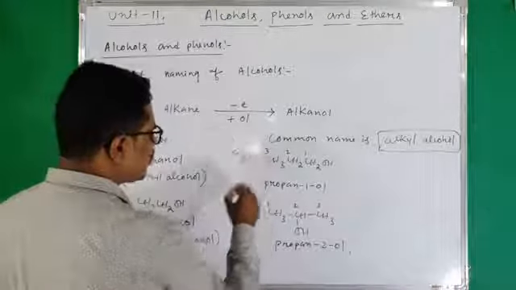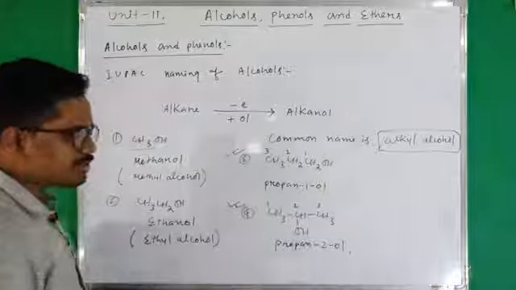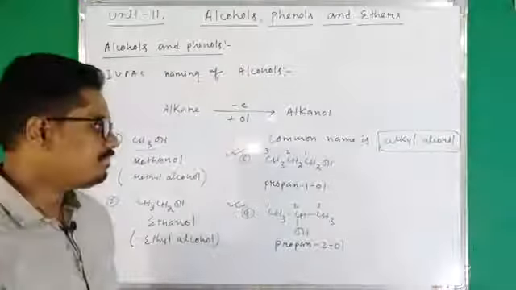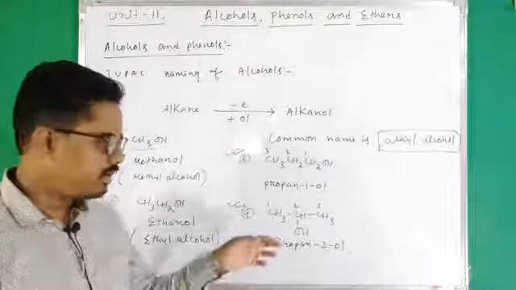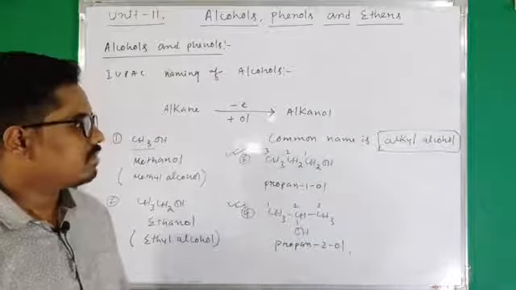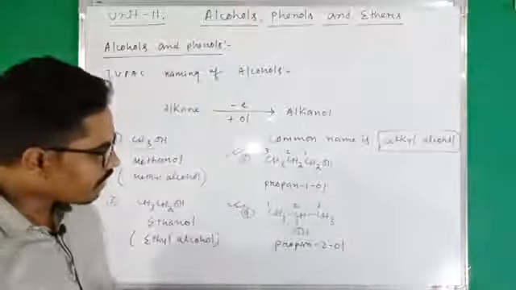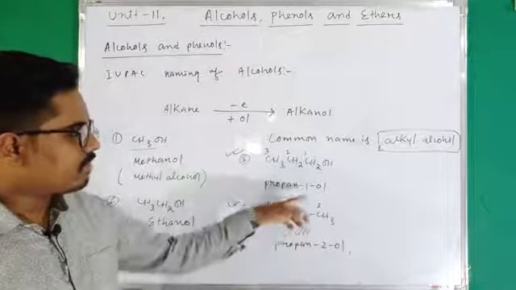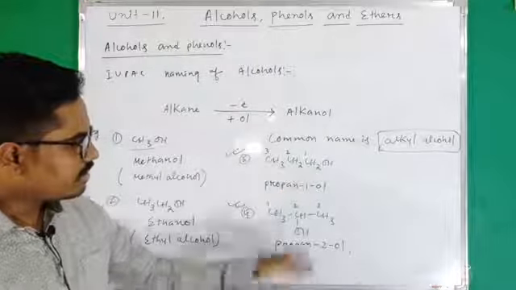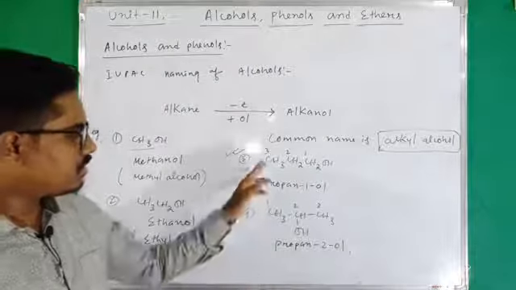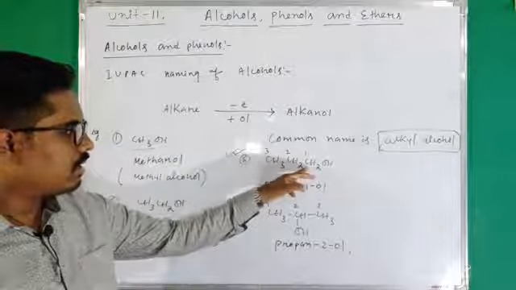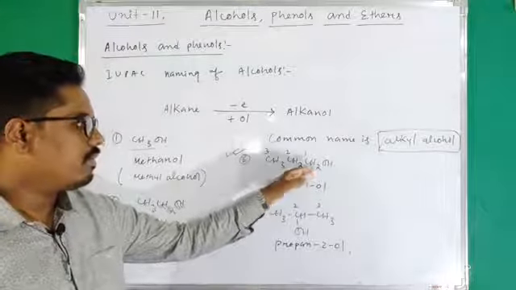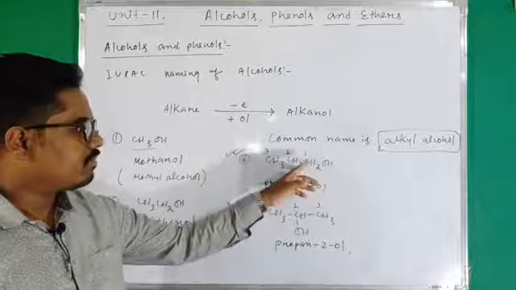So you have to remember that when isomers are possible, then number the carbon chain from that direction where the OH group will get the lowest possible number. And after that, name the alcohol mentioning the position of OH group. In the first case, if we count from this side, the position of OH is 3, but when we count from the right side, the position of OH is 1.